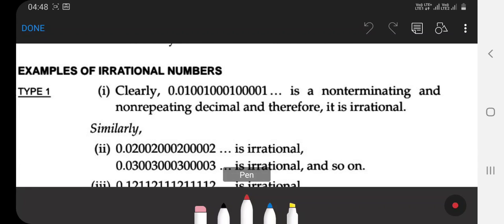Here, some examples are given. In 0.01, 001, 0001, 00001, and so on, clearly this number is a non-terminating and non-repeating decimal, and therefore it is said to be irrational.